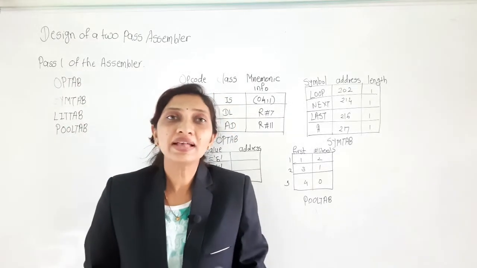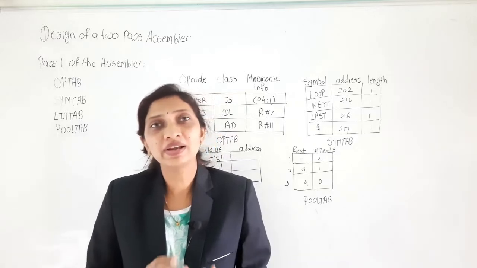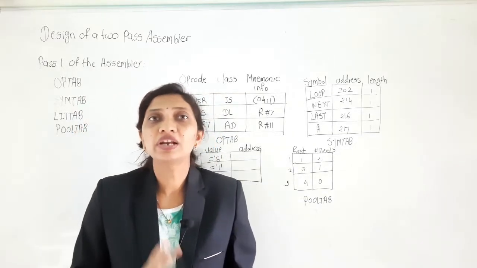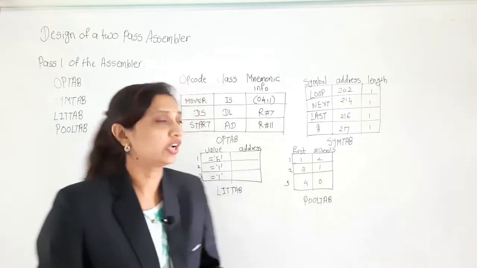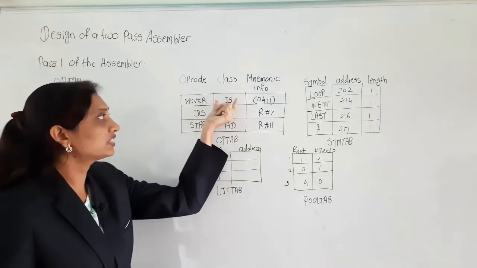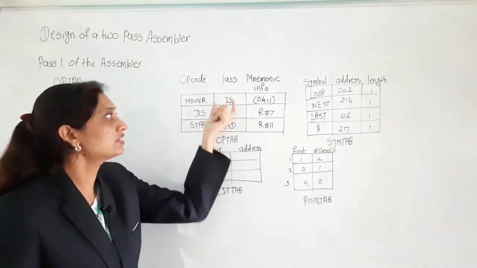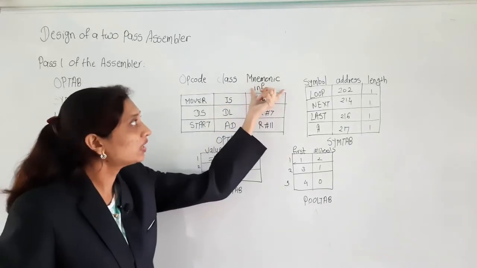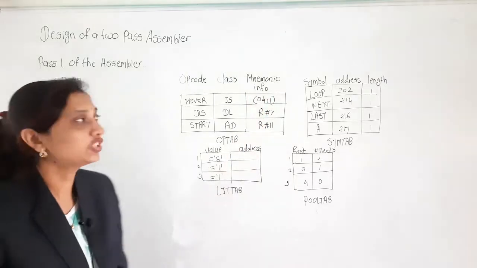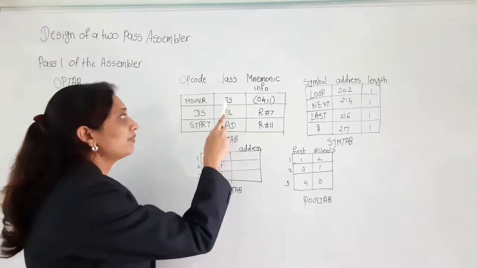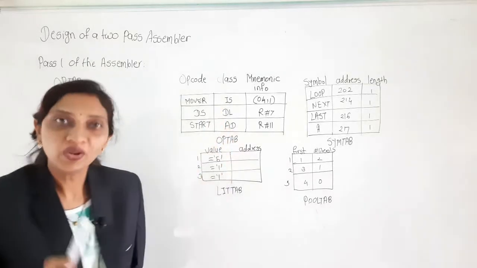There are three kinds of statement in assembly language: imperative statement, declarative statement and assembler directive statement. So the class specifies which of these the statement belongs to. And third is the mnemonic information.